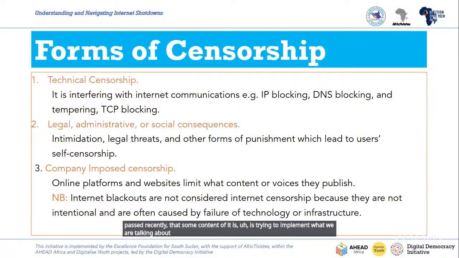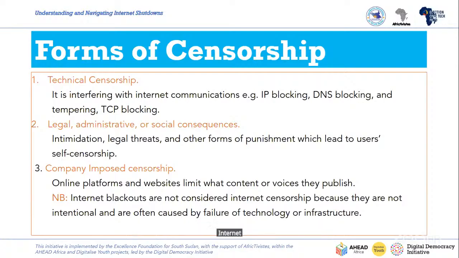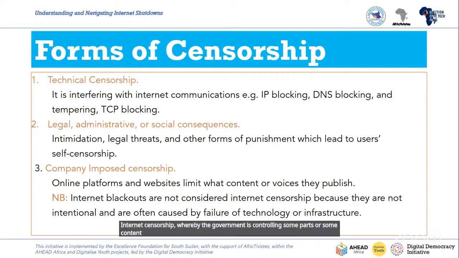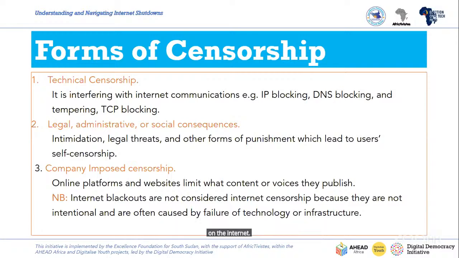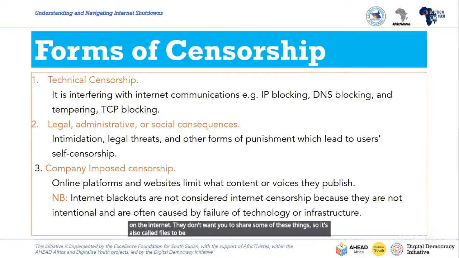It's trying to censor the internet and silence the people, so they are not allowed to say certain things or do certain things. This is another form of internet censorship, where the government is controlling some content on the internet. They don't want you to share some of these things, so it qualifies as a form of censorship.